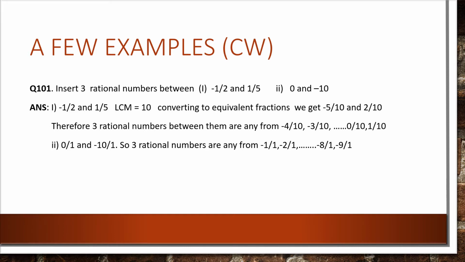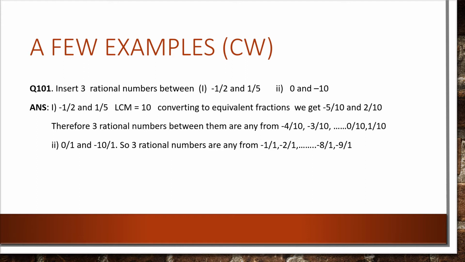And next what do we do? We have to convert each of these given rational numbers into rational numbers with the same denominator, and that is 10. So -1/2, if I want to convert to a rational number with denominator 10, it's -5/10.